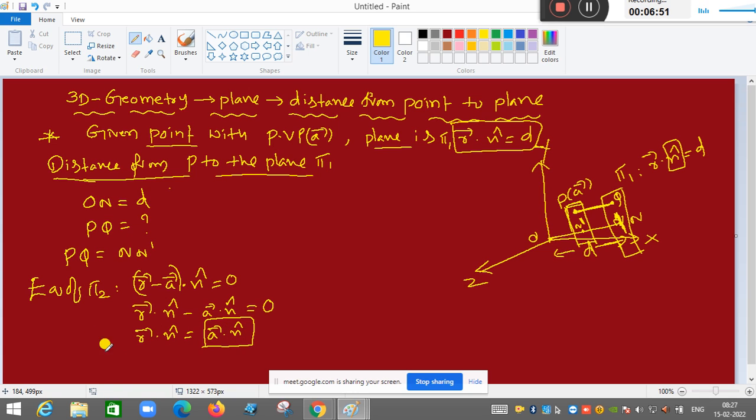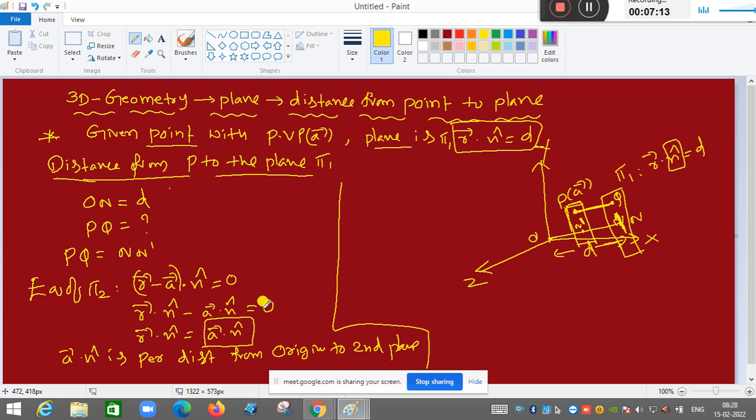So a bar dot n cap is the perpendicular distance from the origin to the second plane, that is ON bar.